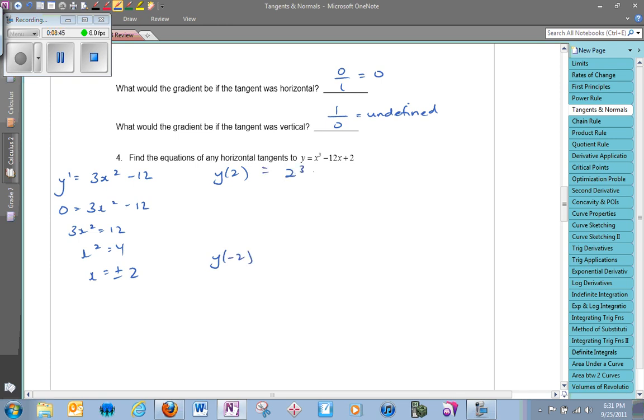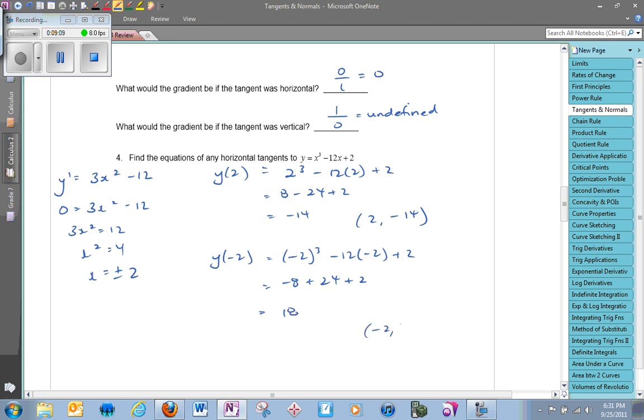Well, that's again 2 cubed minus 12 times 2 plus 2, which is 8, minus 24 plus 2, which is minus 14. So the point is 2, negative 14. And the other one is negative 2 cubed minus 12 times negative 2 plus 2, which is negative 8 plus 24 plus 2, which comes out to be 18. So here are my 2 points.